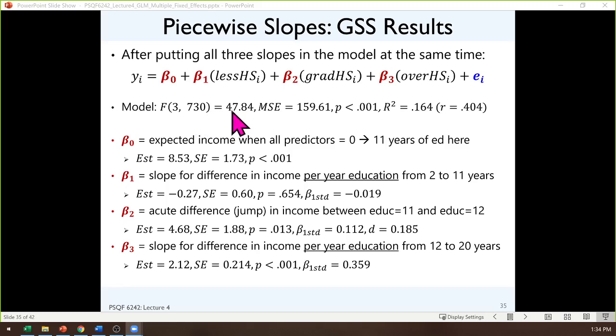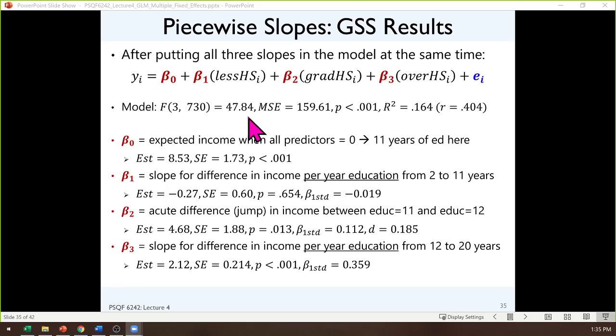The F value, that 47, that is our test statistic. I refer to this in shorthand as either an F value or an F test. That is a simultaneous test as to whether or not our 3 slopes are equal to 0. In other words, does education matter in predicting income? That's the question that this F answers.